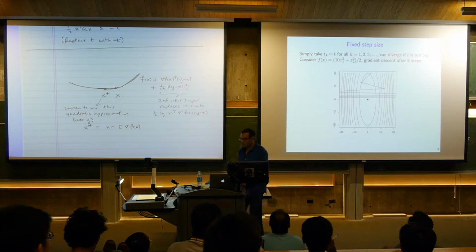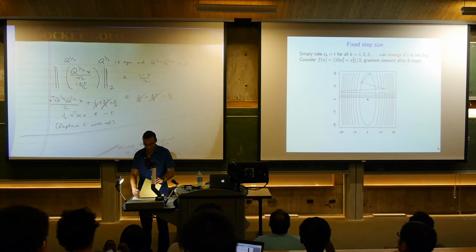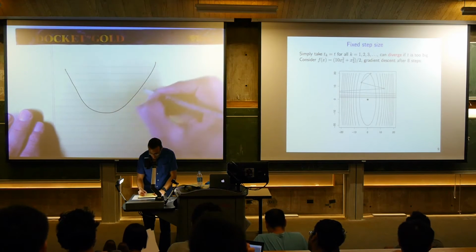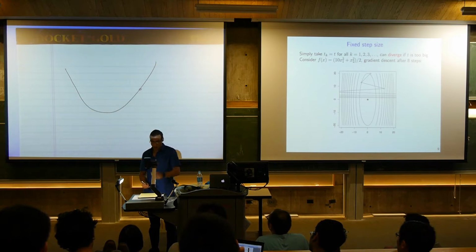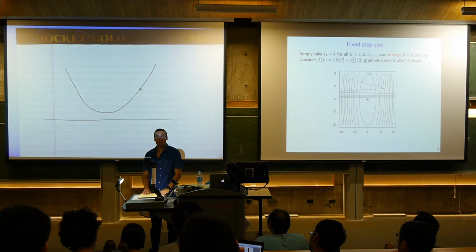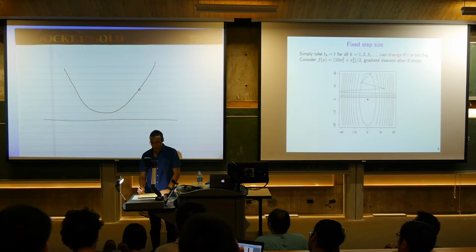OK, so here's an example of what happens in 2 dimensions. Let's actually just do an example in 1 dimension first. OK, suppose I'm trying to minimize, say, this function, and I'm here, and I try to take a step in the direction of the negative gradient. So remember, the gradient in 1 dimension is just the derivative. In which direction does the negative derivative point?